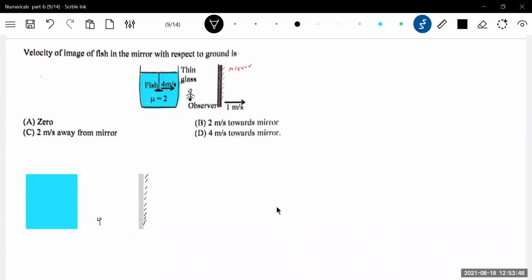He is going to measure the velocity of the image. Let's see what conditions will come. Here is the fish. I think this much is what we have, mu equal to root 2. Definitely this part is here.